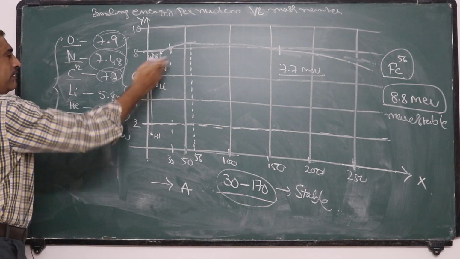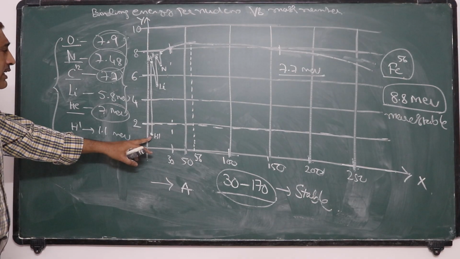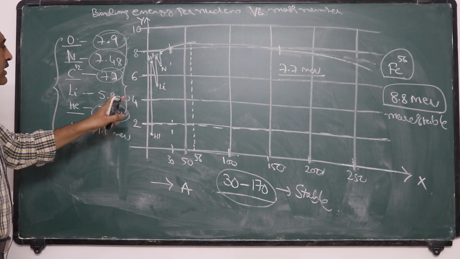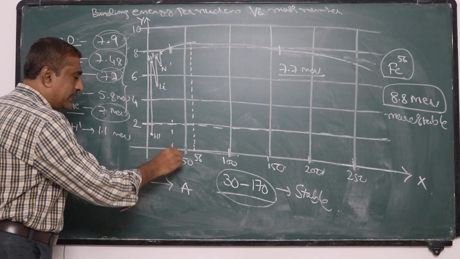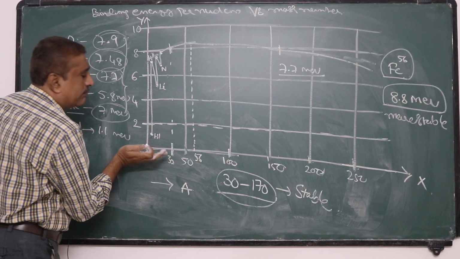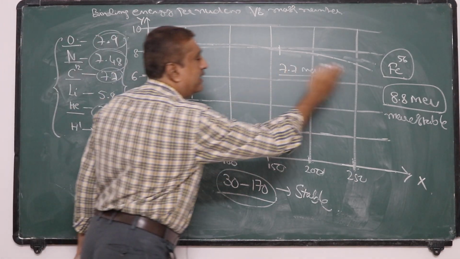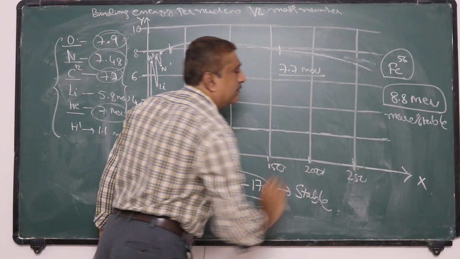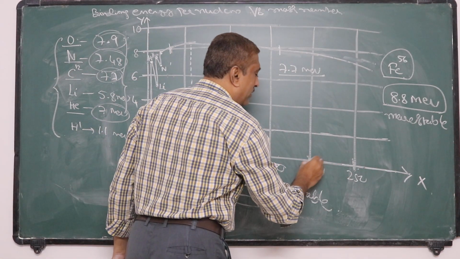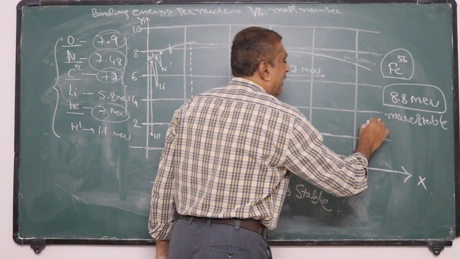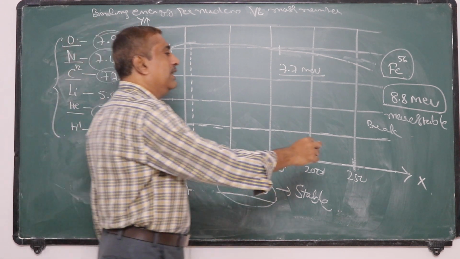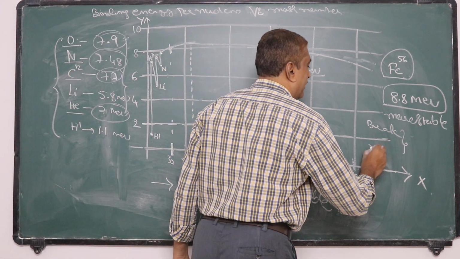For the remaining nuclei, the binding energy is less. That means below this mass number 30, nuclei are not stable, and similarly above 200 they are also not stable. But the nuclei above mass number 200 have a tendency to break up into two nuclei to form stable nuclei, and this is called nuclear fission.